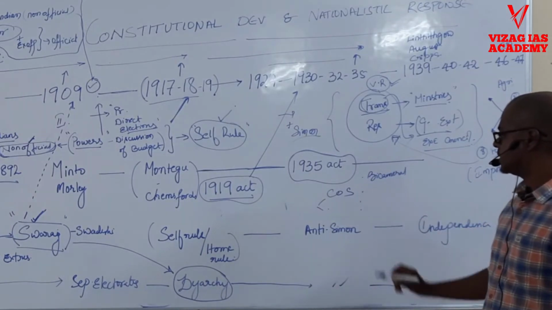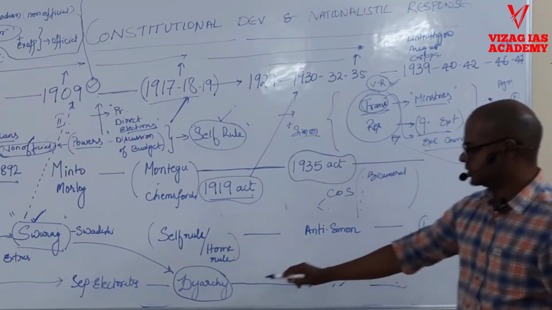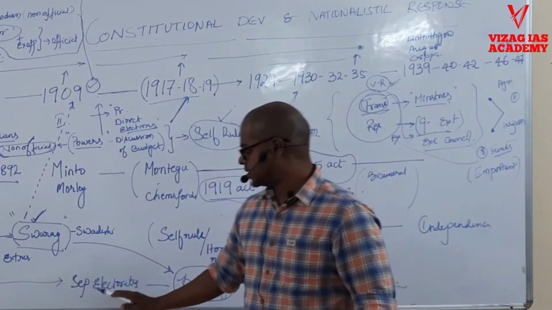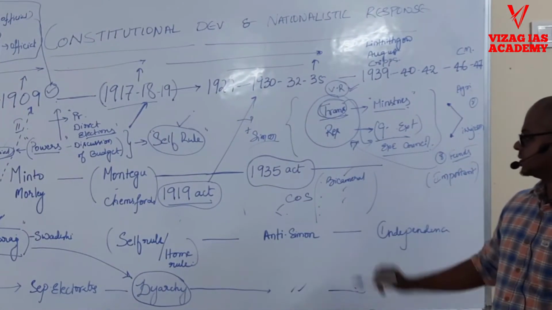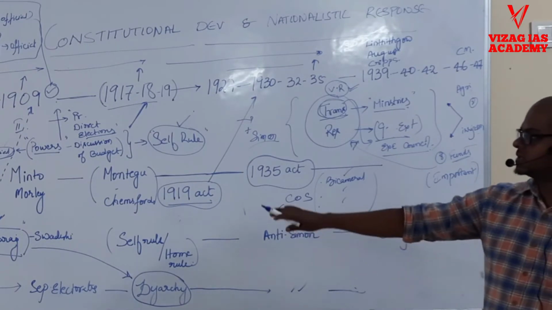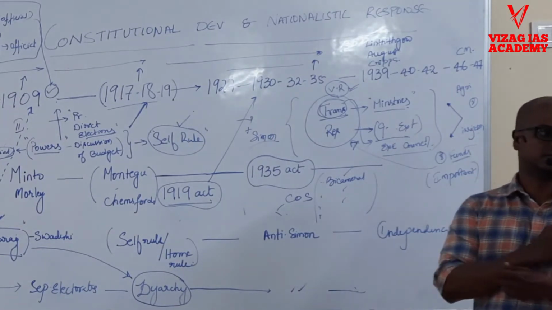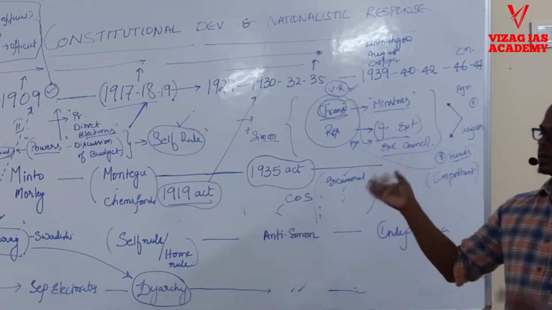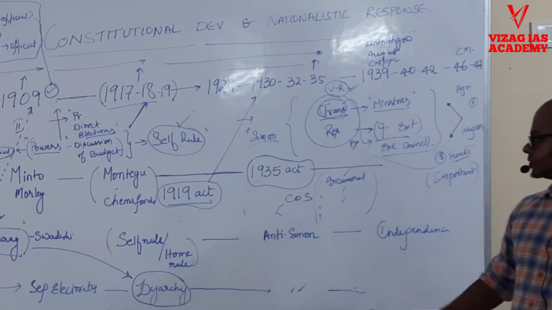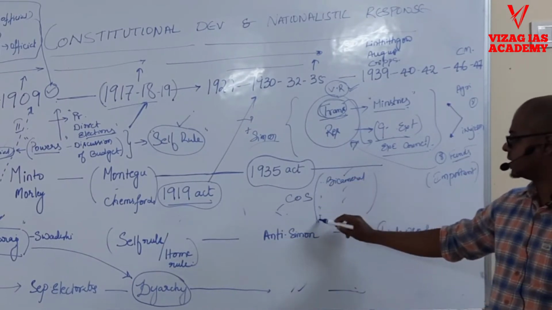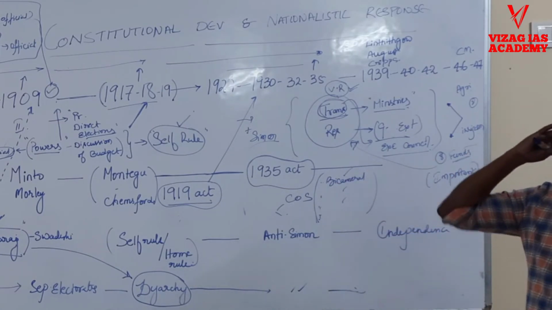Specifically, there will be things like diarchy or separate elections, and bicameral legislatures will be introduced. The major thing is that there will be some major changes or transformations in whatever has been done till now. That will be the 1935 Act, and based on this there will be the 1937 elections.